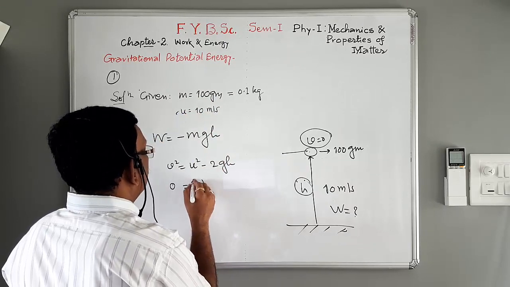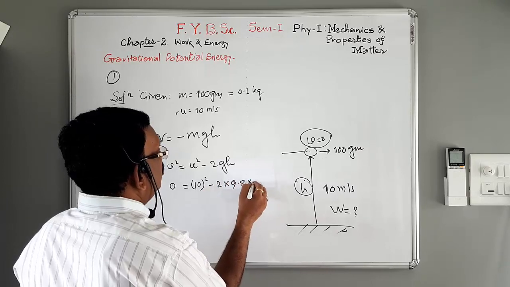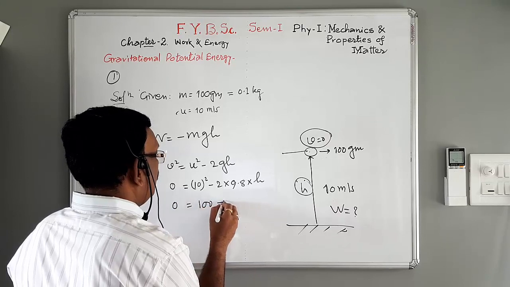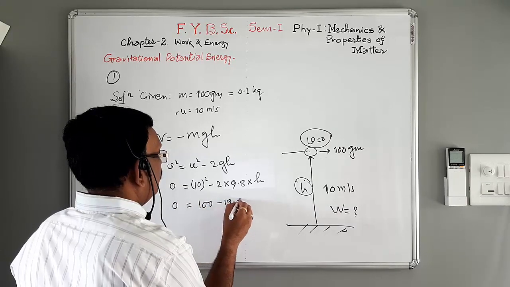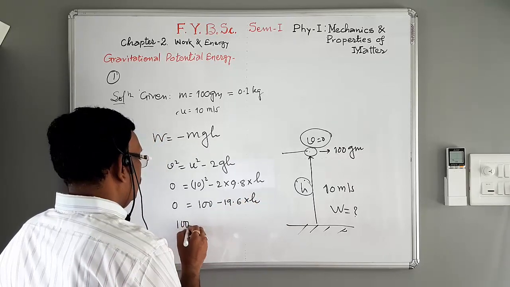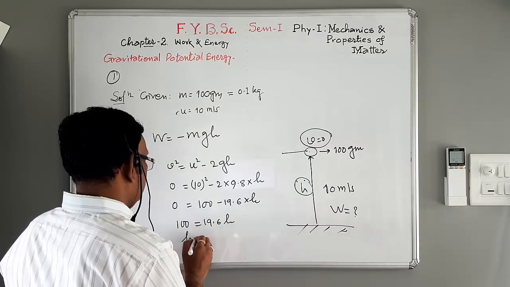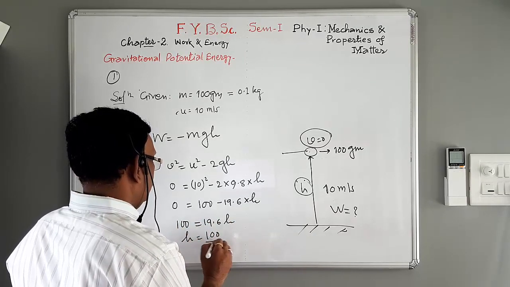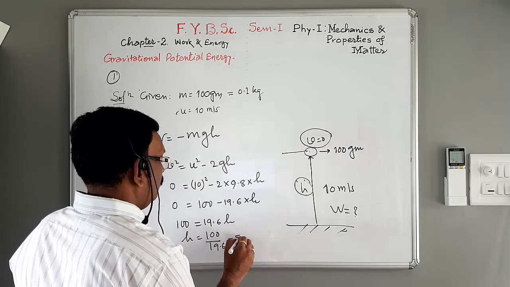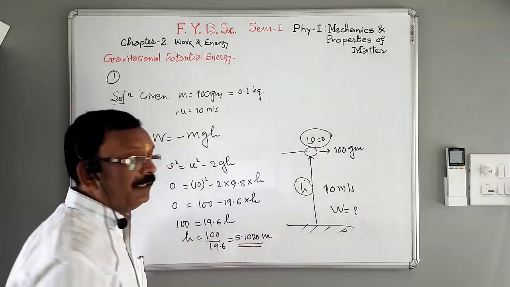So 10 square, 100, minus 2 into 9.8 into h. Solving this, we get 100 is equal to 19.6 h, or h is equal to 100 by 19.6, and this will be 5.1020 meter. This is the height.